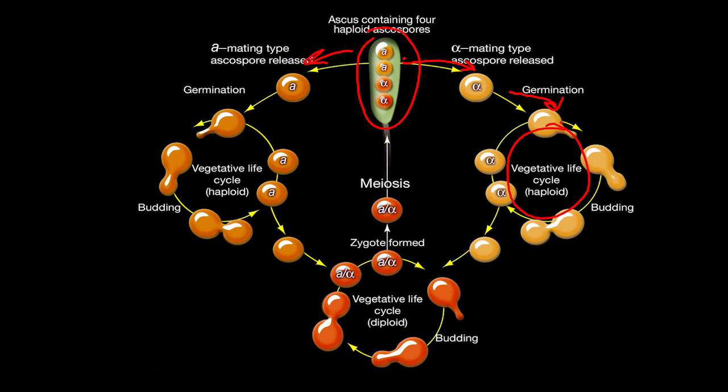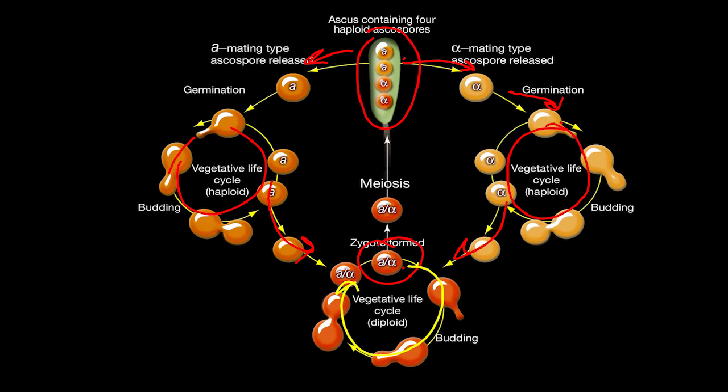Eventually, and this one over here is asexually reproducing, but eventually an A cell meets up with an alpha cell, and they form a diploid zygote. It doesn't always happen, but sometimes even that zygote that's diploid can go on ahead and reproduce itself asexually. But the whole point of a sexual life cycle, it's got to happen sometime to create that diversity.